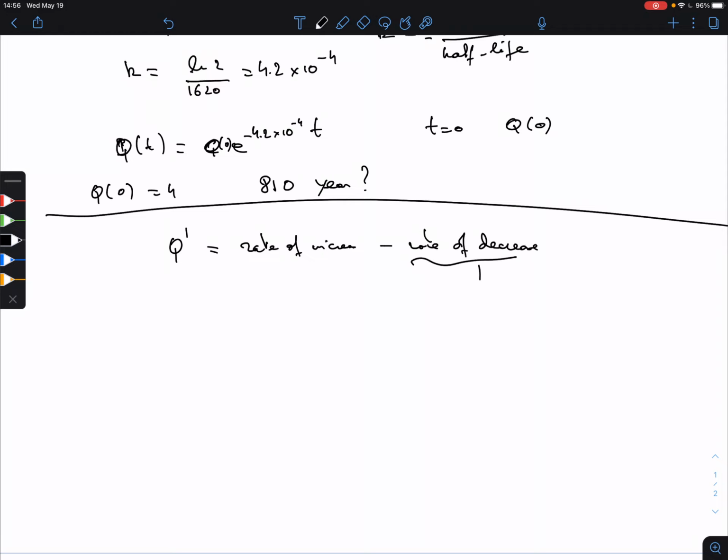This rate of decrease is the radioactive decay. That is where this comes from. What is the rate of increase? Well, that is how it is being made. As I said, an example would be from a nuclear plant.